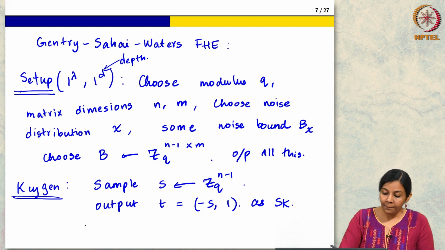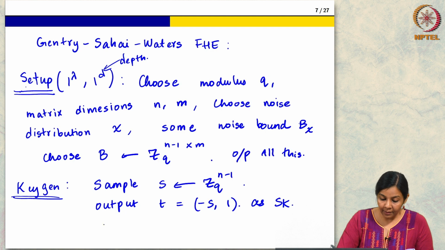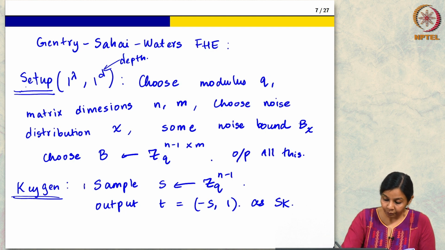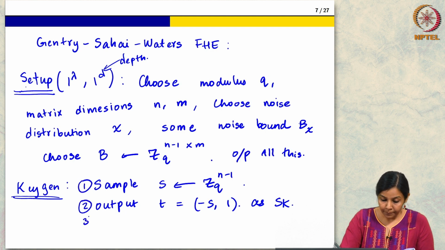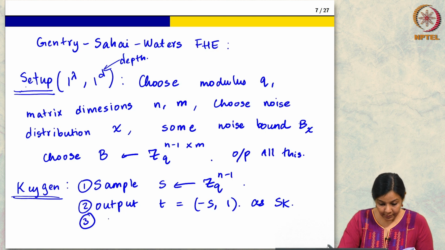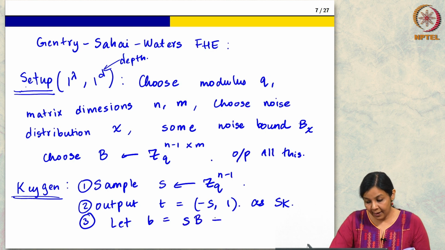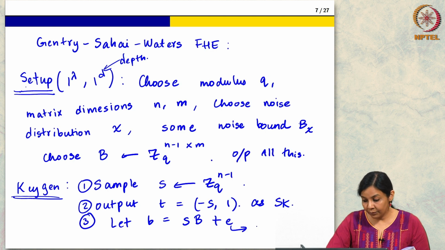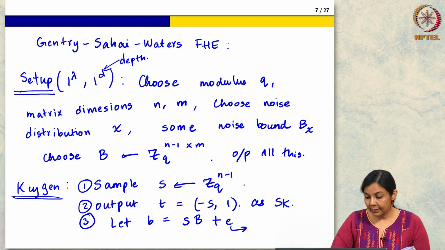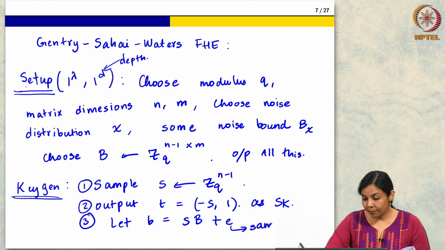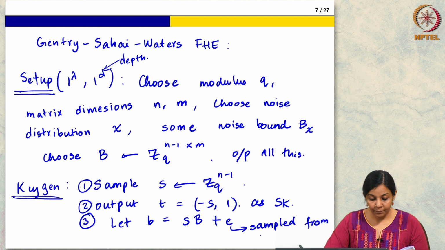And for the public key what it does is it computes an LWE sample as sB plus e, where e is sampled from the noise distribution. Okay.